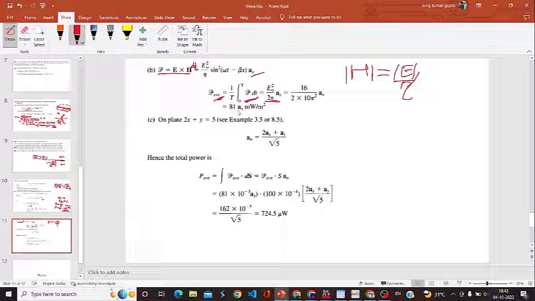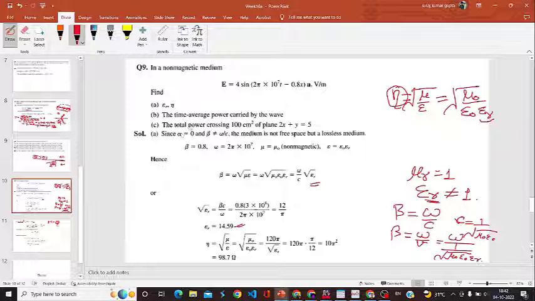Now the third part of this problem states that we have to find the total power crossing 200 centimeter square, which is the area, and the plane in which this area lies is also given to us: 2x plus y equals 5. Using this expression we can determine the area vector of this cross section.